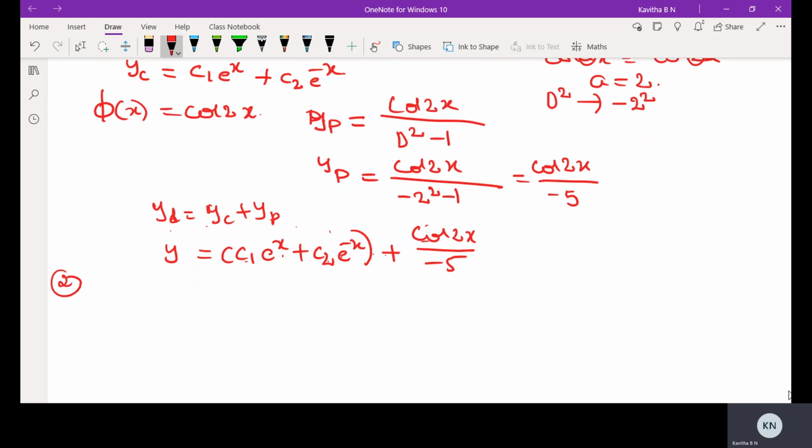Take down the next, second problem: sin 3x divided by D square plus 4D plus 3.